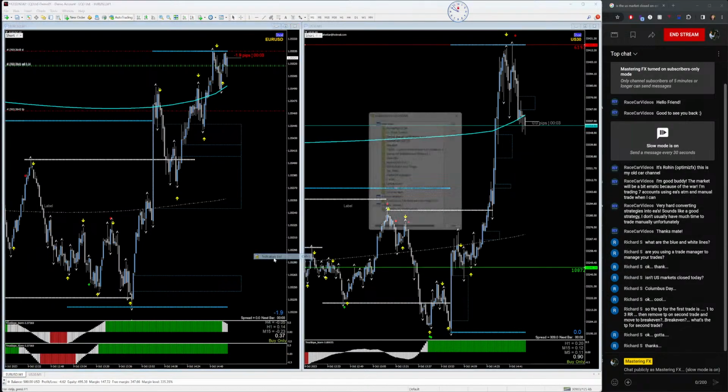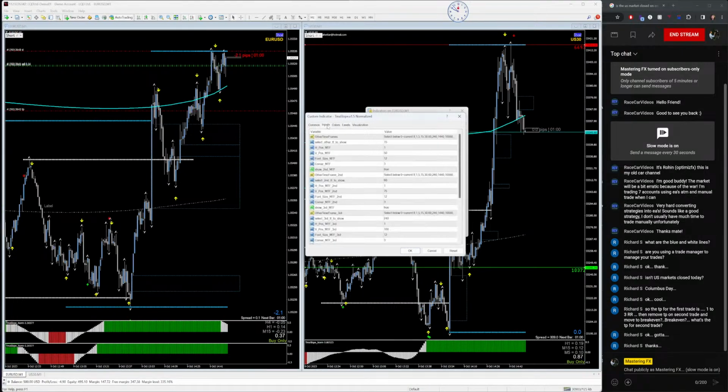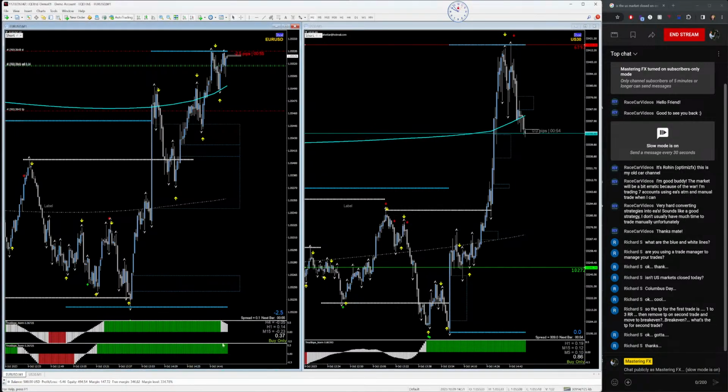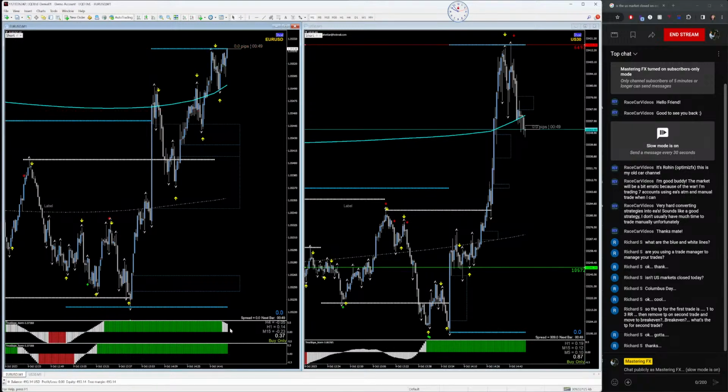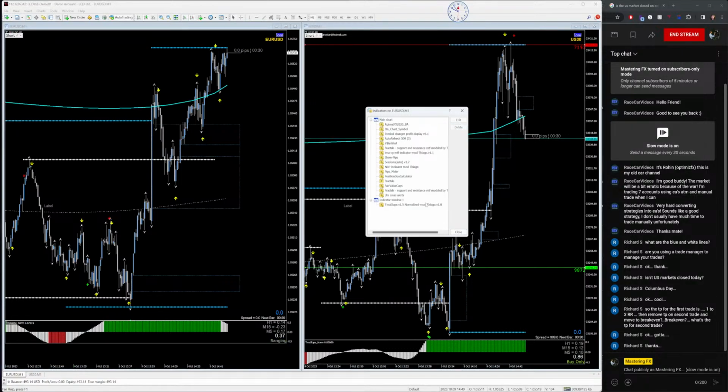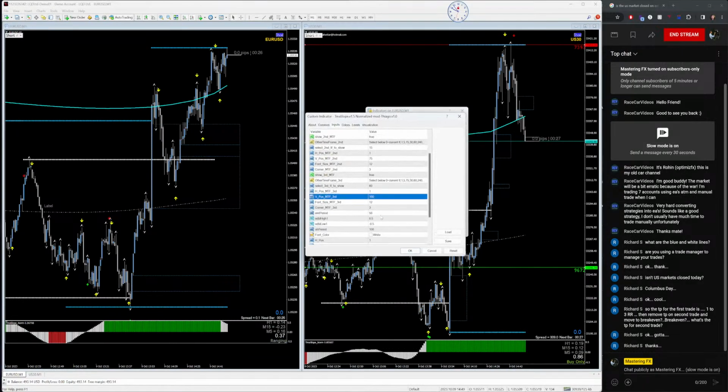Oh, set to black. Oh, it's set to white. Okay, but it works, so we can see the difference here. And we get stopped out. So maybe you have to leave it at 0.3. I'll delete this one. Let's set this one back to 0.3.